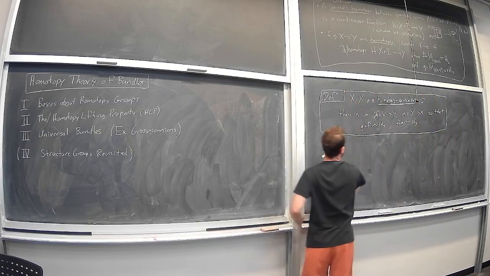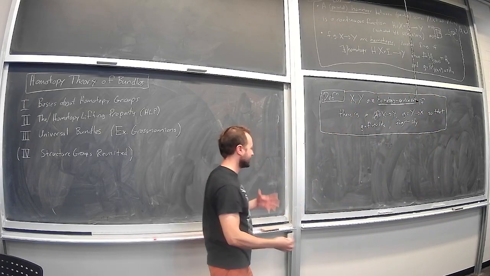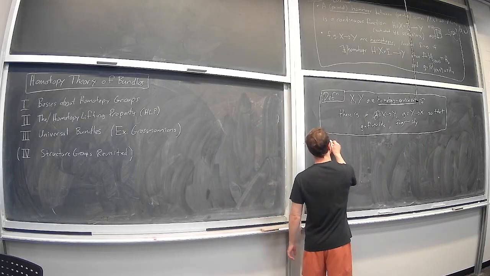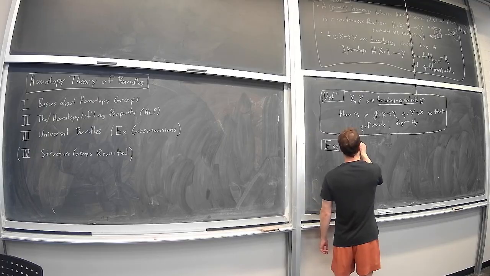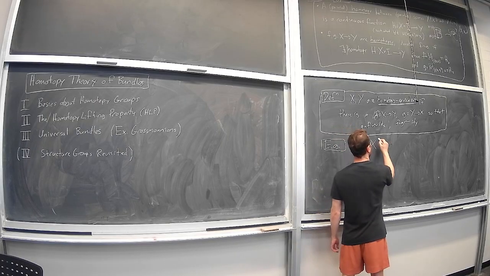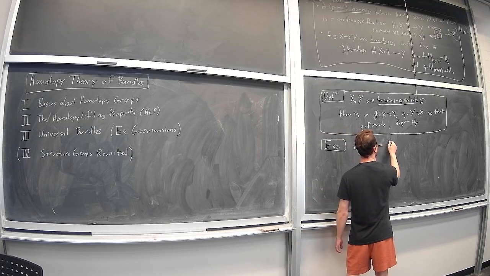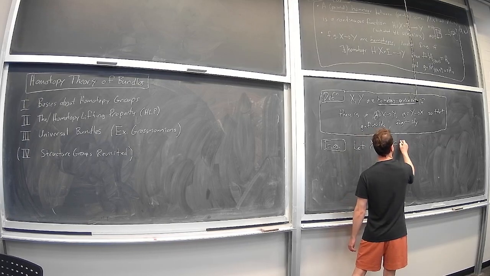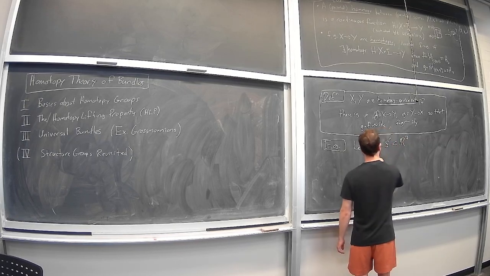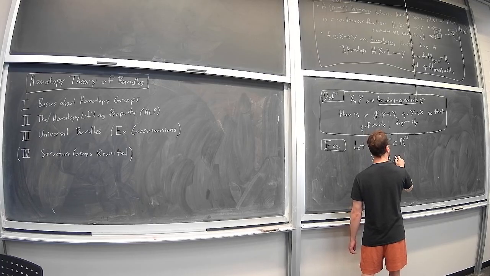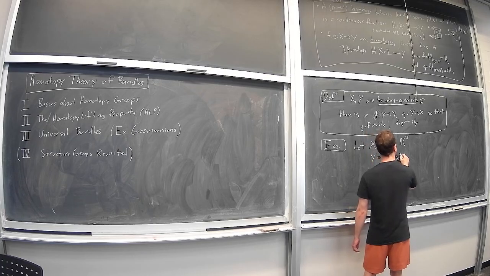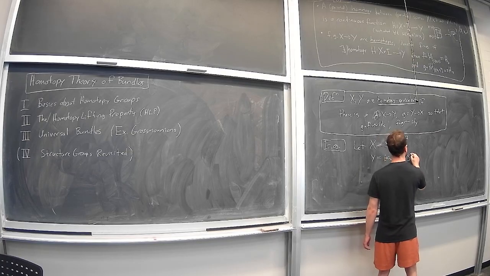It doesn't say that these things are rigidly the same, but it says that they're more or less the same. So here's the classical example. Let x be the circle, say in R2. Y is the annulus, which is, I'm going to take 1/2 to 3/2.